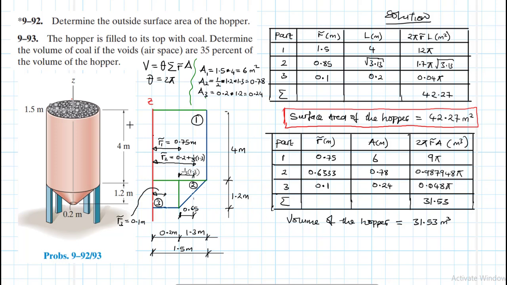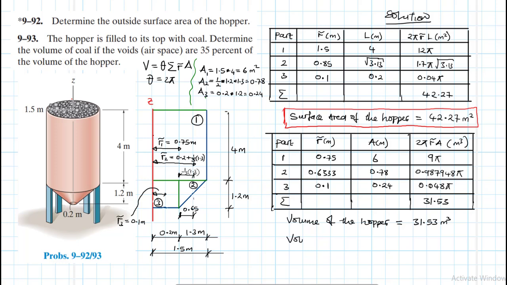Okay, so this is the volume, but we've been told that part of that volume is being occupied by voids, 35%. So we have been asked to find the volume of the core. So we need to subtract 35% from the 100% volume. 100 minus 35 is 65%, or in decimals it is 0.65, right? So we need to multiply 0.65 by 31.53 to find the volume of the core.